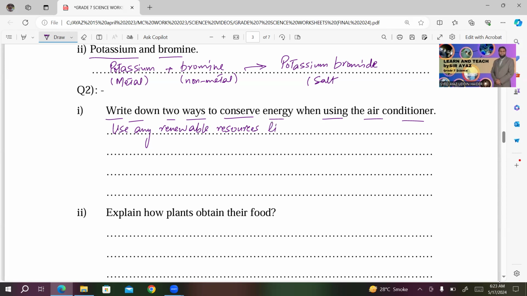Like solar, biomass, geothermal, tidal, or any other.